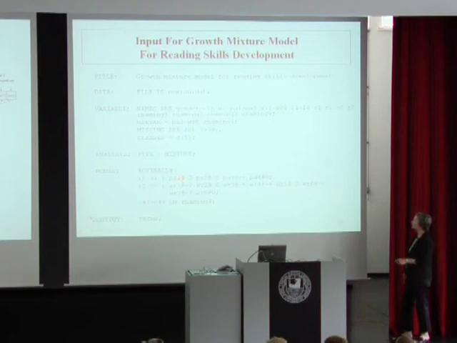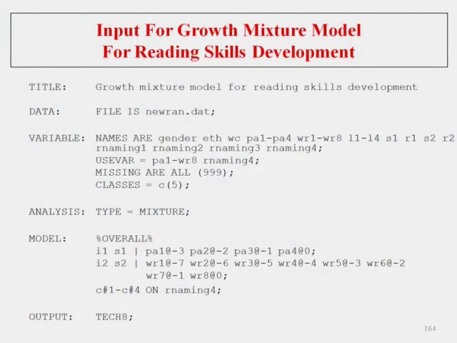So our time scores here are -3, -2, -1, 0, because we want the intercept growth factor to represent final status, because these are sequential growth processes, and final status will then be related to the second process from 1st and 2nd grade.